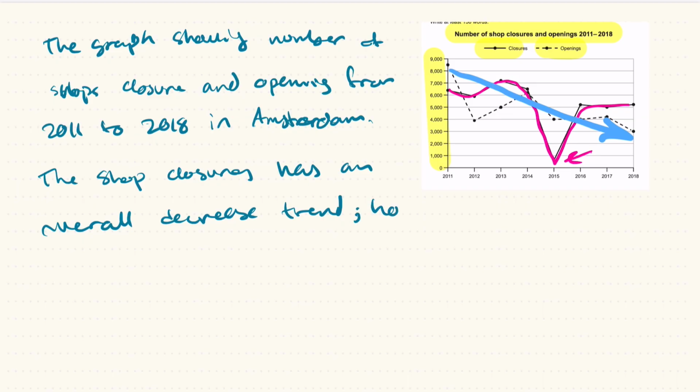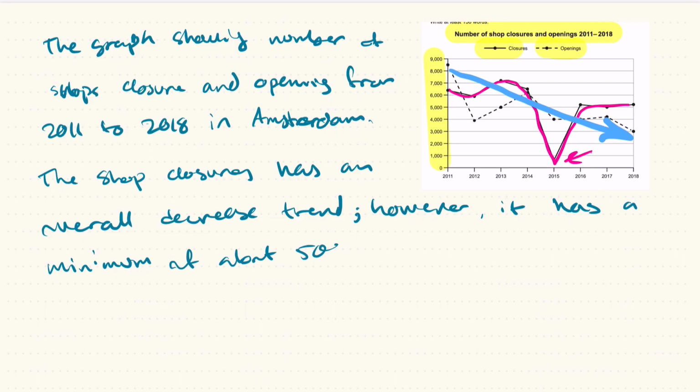However, it has a minimum of about, let's say, 500 shop closures in 2015, and after that there were fewer shop closures at about 5,000. So you can write that one out as well.